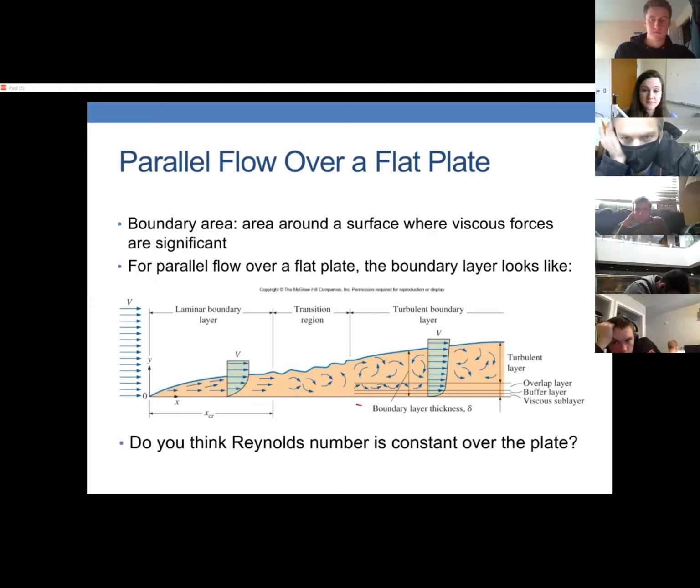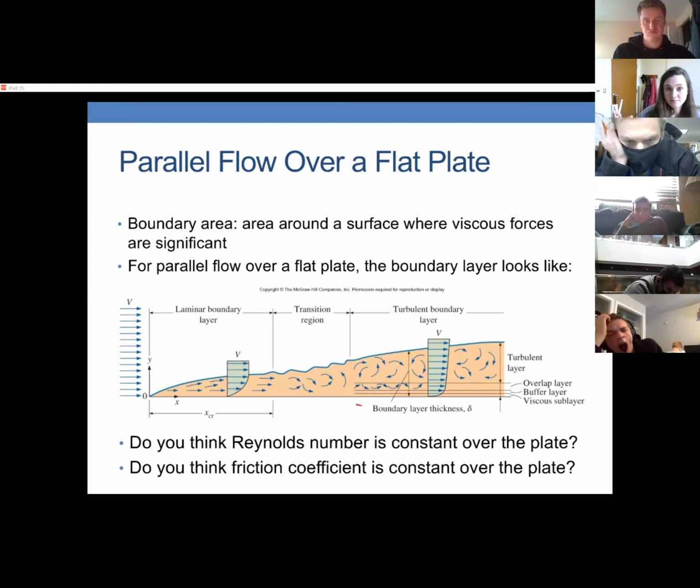Yeah, the flow is changing from laminar to turbulent, and you know that the Reynolds number is supposed to tell you whether it's laminar or turbulent. So if it changes, it has to change. And the same thing then for the friction coefficient, right? Because remember, the friction coefficient or the drag coefficient are functions of the Reynolds number. So if the Reynolds number is changing, the friction coefficient is changing.